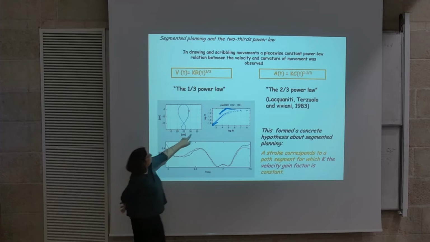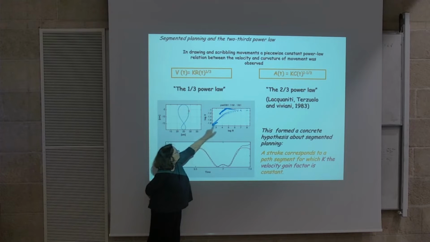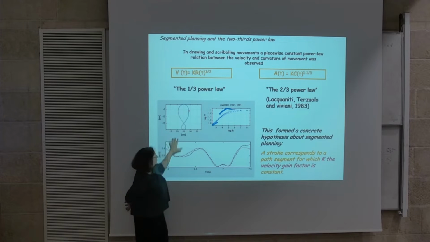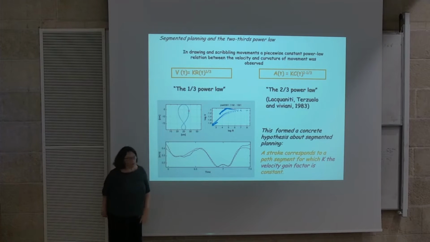So if you plot log v versus log r, you see that there are segments that are straight, which have a certain slope, which is the exponent, and you can generalize it to complicated trajectories like that.